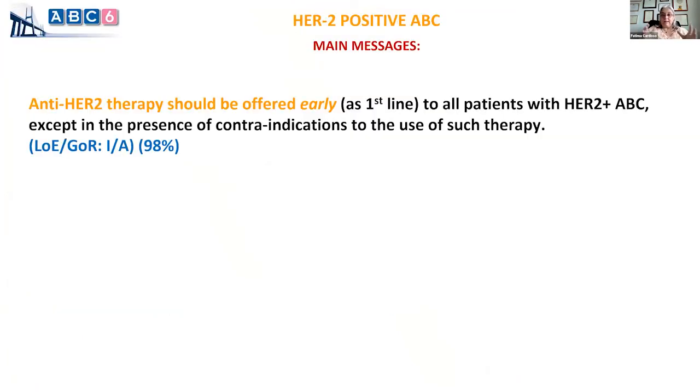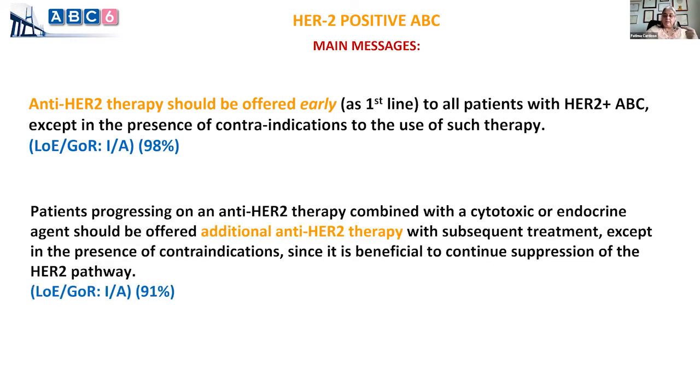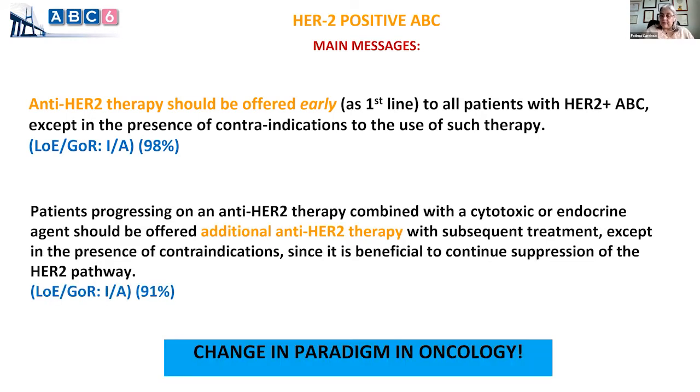So the main message of treatment for this subtype of breast cancer is that anti-HER2 therapy has to be offered as quickly as possible, so immediately at the beginning of the diagnosis of metastasis. In fact, now it is already used in the early setting, but it still should be used in the metastatic setting. And something that we consider a paradigm change in oncology is that we continue to use anti-HER2 therapy even after progression.